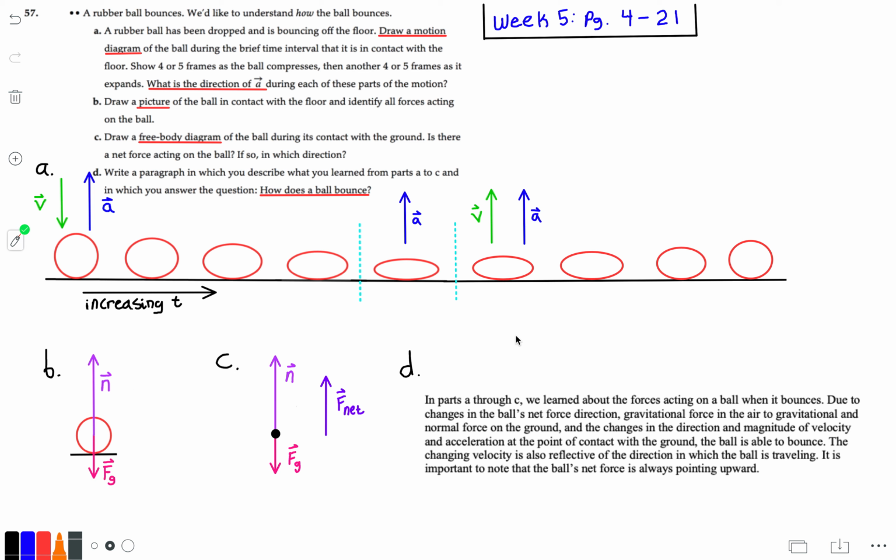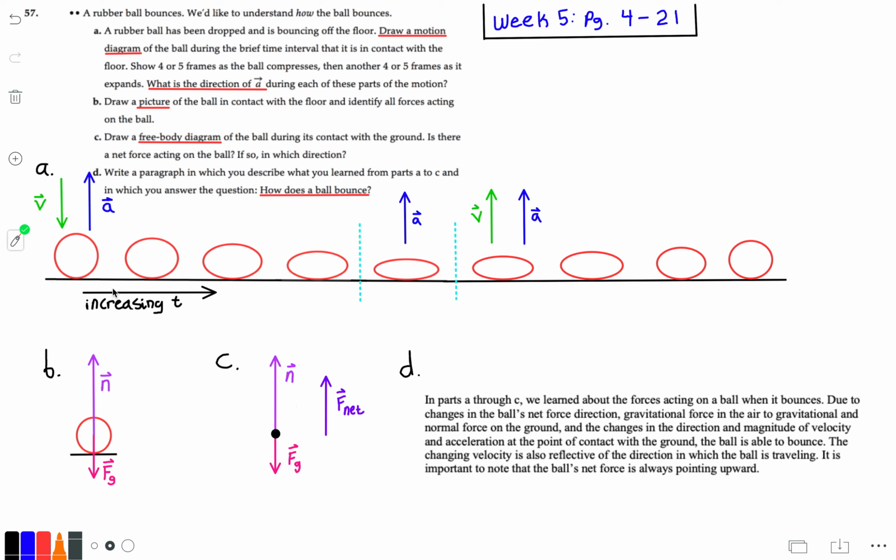So for part A, we are asked to draw a motion diagram depicting the compression and the expansion of the ball as it touches the floor. I have drawn, in addition to our directional acceleration, also our velocity.